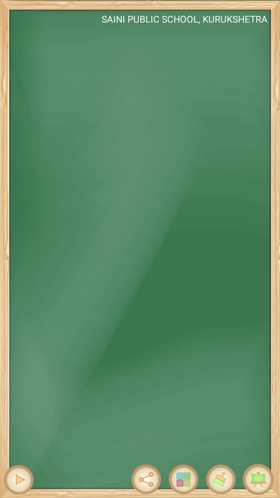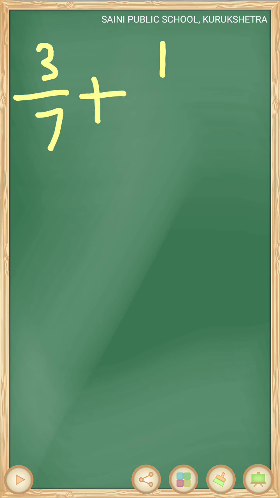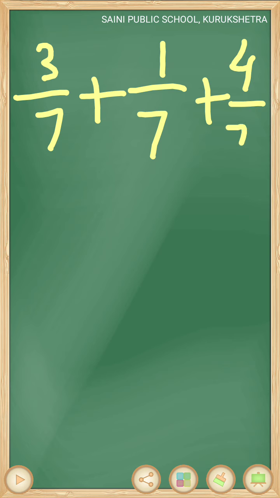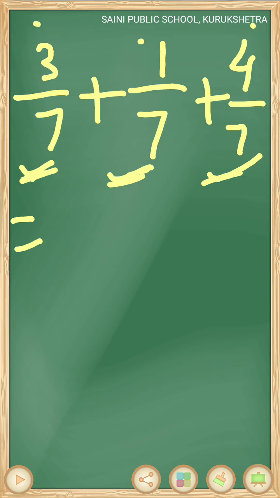Okay. I am explaining with the help of an example. Students, as you know, in like fractions we will write the same denominator. So these 3 are examples of like fractions: 3 by 7, 1 by 7 and 4 by 7. You can see here the denominator is the same and the numerators are different. Now, how can we add these 3 fractions?